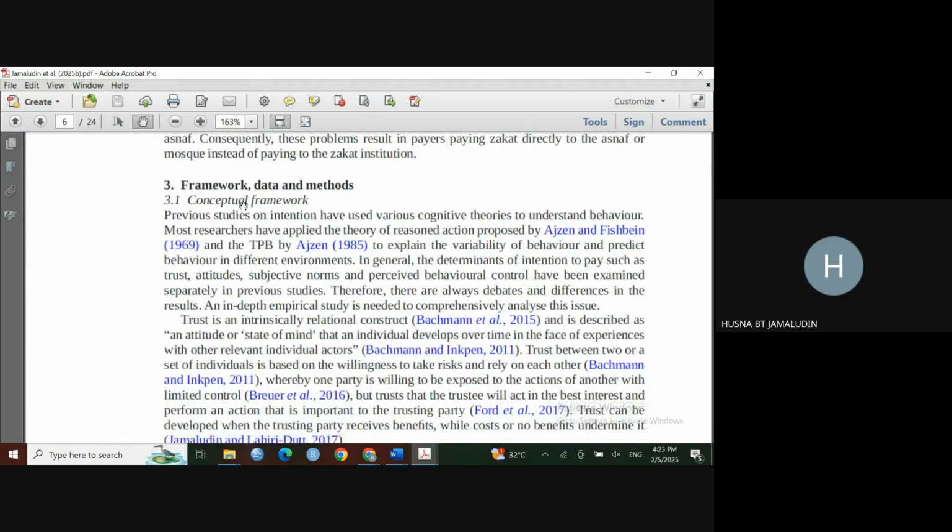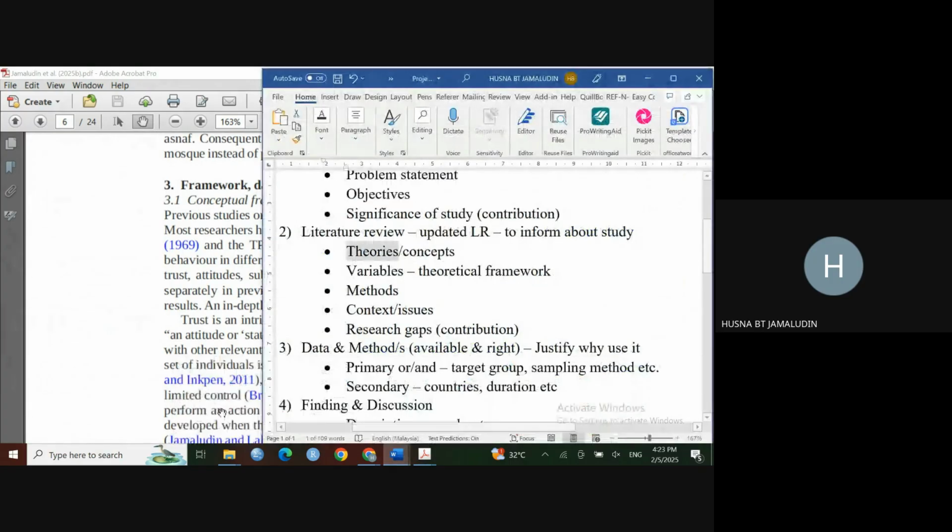Just to let you know, it's not necessarily that if you have reviewed the theory, you cannot review the variable. You can review all of this if you want to, or you can combine theory as well as the variable. You can combine theory or maybe the method. So it's up to you, because this is your paper. It depends on your creativity.